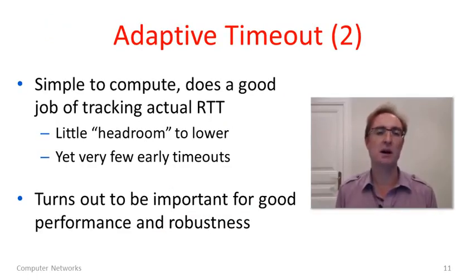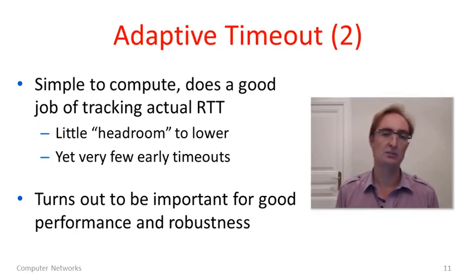Okay, so just to sum up, these adaptive timeouts are pretty cool actually. They're fairly simple to compute and they do a good job of estimating a reasonable timeout value based on the real round trip time. So they track it. You could see in the previous slide that the estimator went up and down as appropriate. It has little headroom, so it's usually not much higher than it needs to be, so we'll detect losses fast.